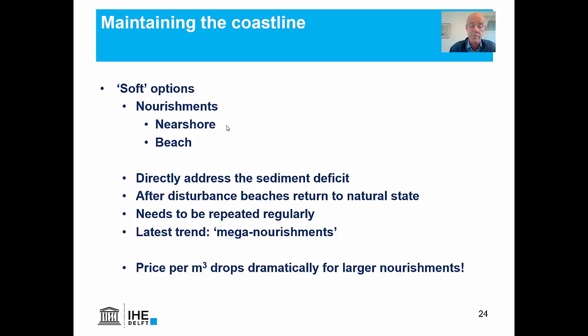And after disturbance during the nourishment project, the beach is returned to a natural state. It needs to be repeated regularly. But the latest trend is mega nourishments. If you dump really big amounts of sediment in one go, then the price per cubic meter drops dramatically.